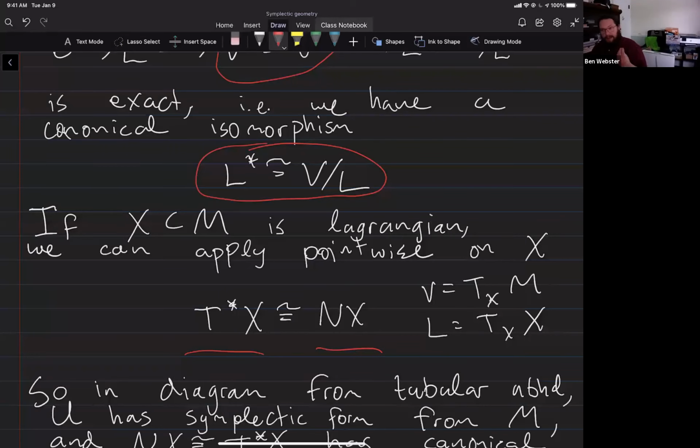So I get that if my submanifold is Lagrangian, the normal bundle is automatically the cotangent bundle.